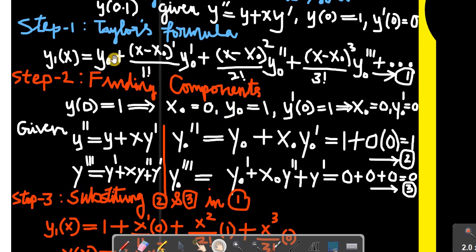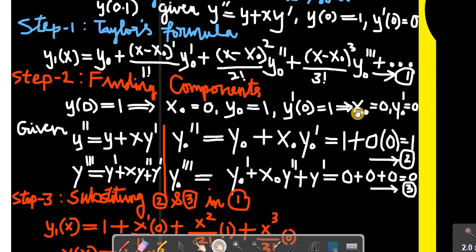Look at this Taylor formula. Here y naught comes. So this y naught value we can substitute here, because we have got the value of y naught. y naught equals 1, that we can substitute here.